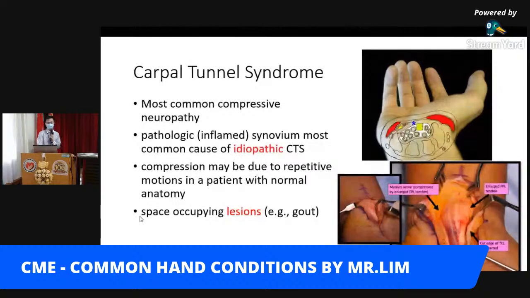So when the tendon is resected out, the whole tendon is almost transformed already. You cannot repair it back. Almost transformed into a gouty tophus. And the deposit is so much that it compresses on the very tiny and delicate median nerve there, and causes a lot of problems to the patient.